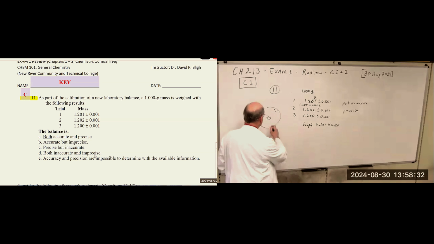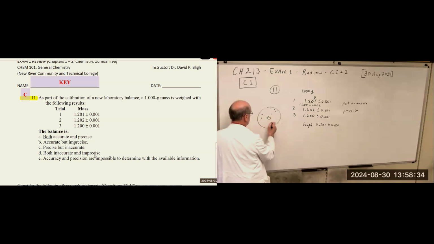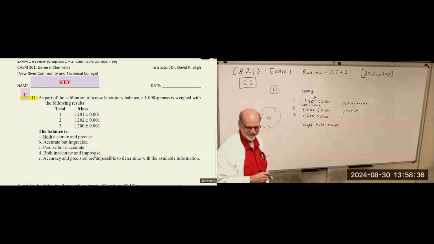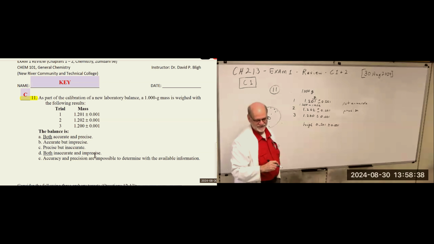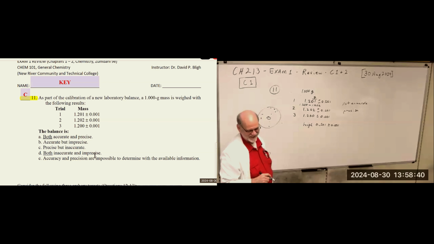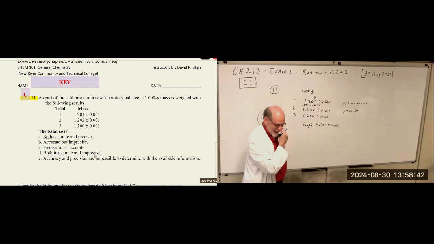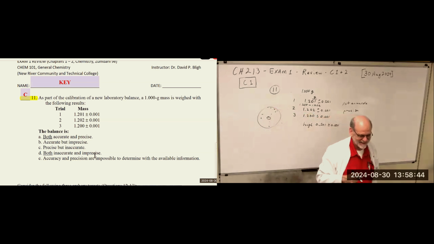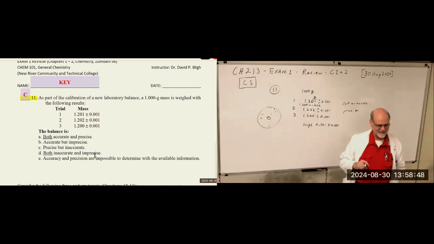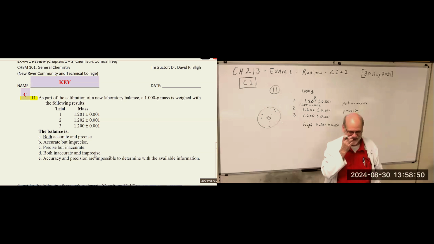A random error is like, if your gun's shooting like that, there's no way to correct for that one. Maybe a user error. It could be, yeah. You gotta shoot between heartbeats, right? Okay, so the answer to that one is C.